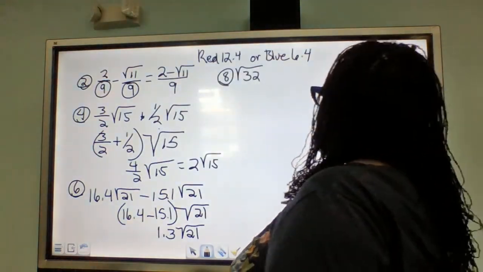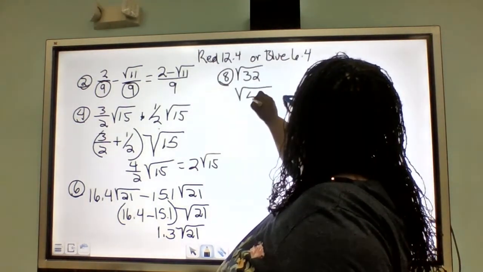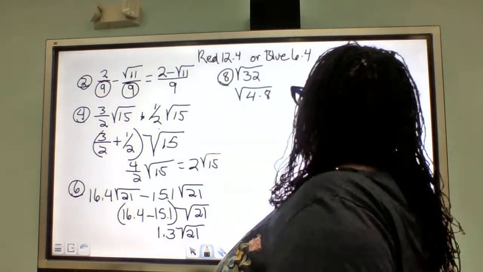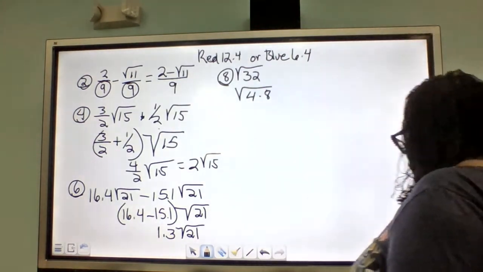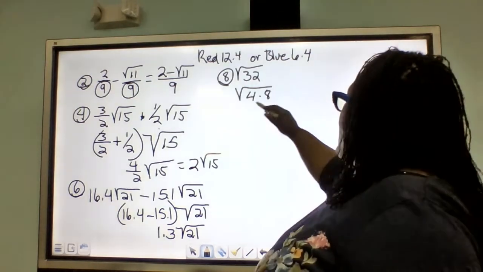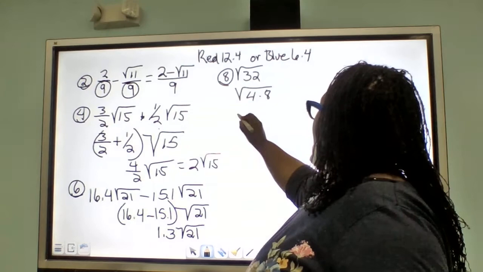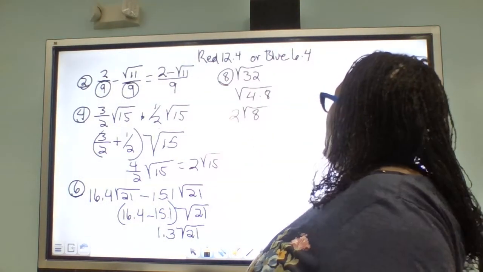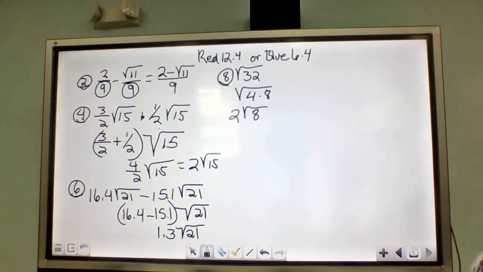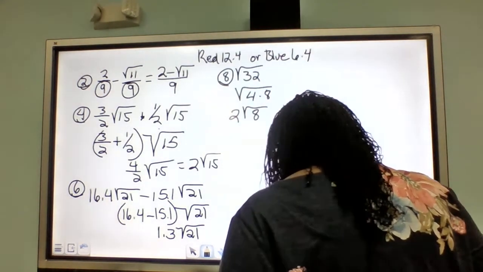So in that case, when we think of factors of 32, we have a 4 times 8 is equivalent to 32. We know that 4 is a perfect square, so we can square root the 4, okay? And so therefore we have 2 on the outside of the radical and 8 underneath because it's not a perfect square, okay? Let's move on to number 10.